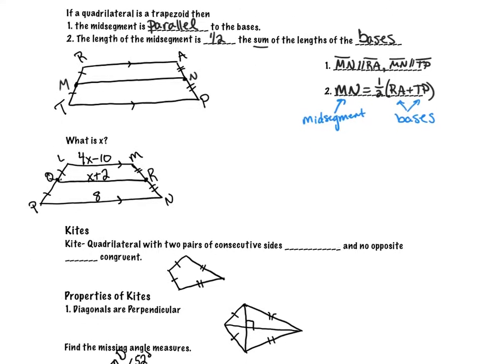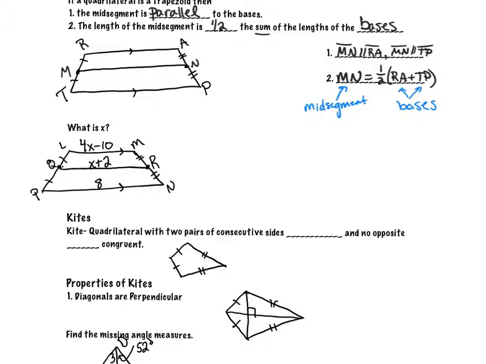If I look at this example here, it says, what is X? I have a trapezoid, and these are midpoints, as labeled by the congruent symbols here. So I can use my equation up here to fill in the values they tell me.